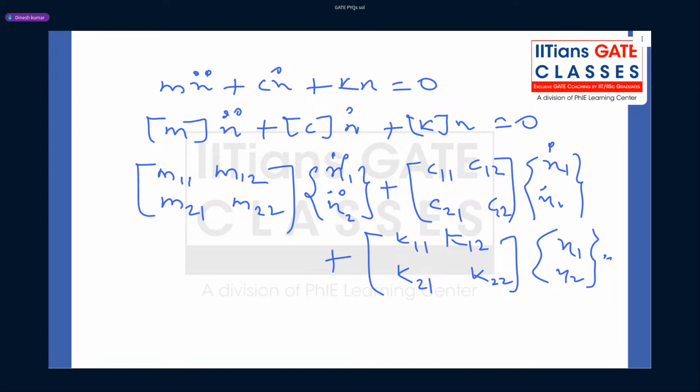This is equal to 0. So this is your equation of motion.